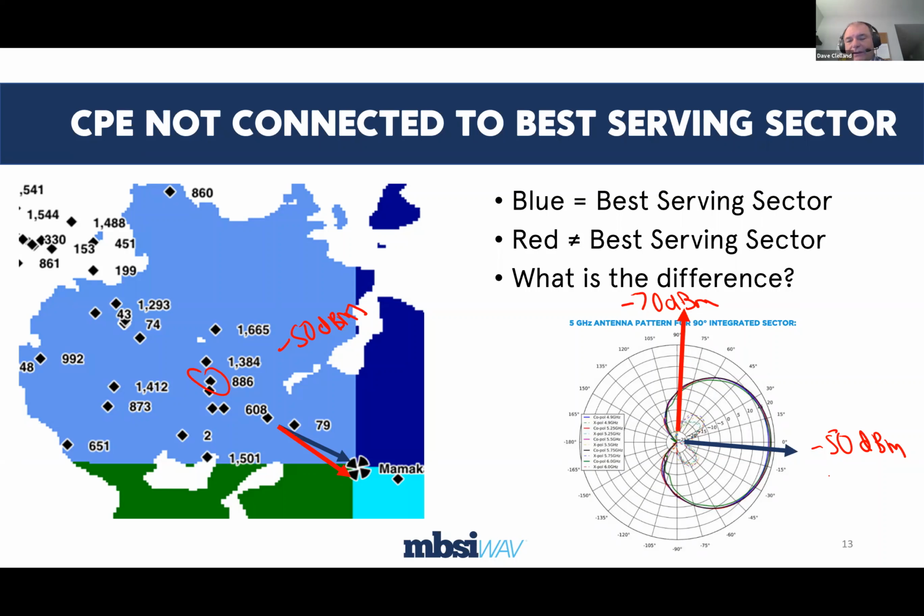So if I take the max power of the SM, max SM, and subtract my SNR, that should equal the expected TX power. In this particular case, let's say I'm transmitting at -10 dBm.